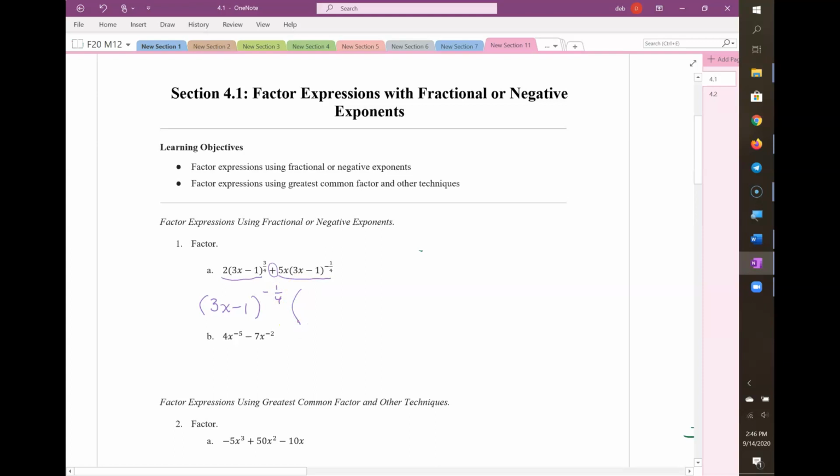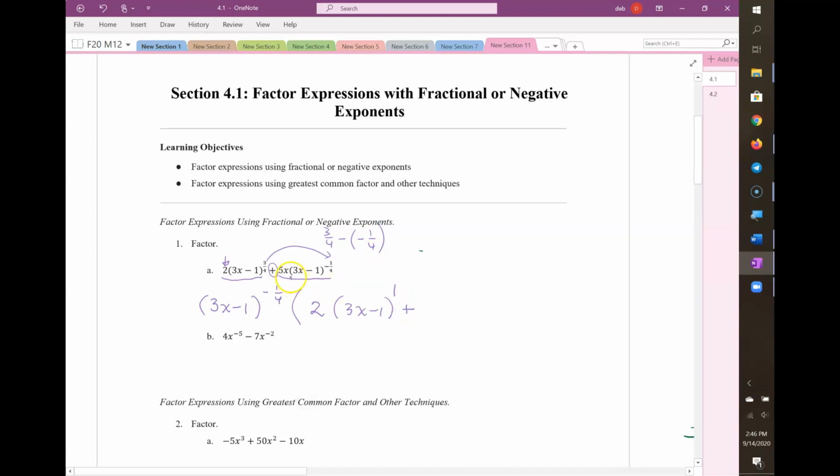Then I open a parenthesis, and I see that I have a 2. And then I'm going to have a 3x minus 1, and it's going to be to the power of 1, because 3/4 minus negative 1/4 is 1.